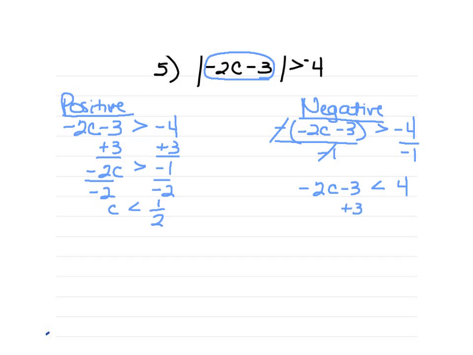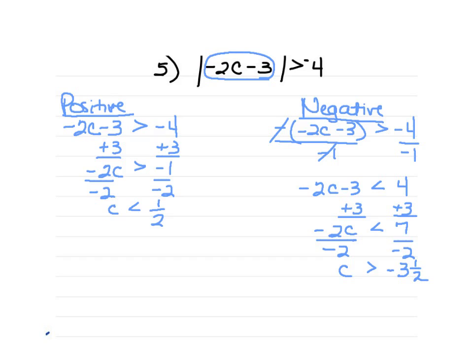We'll add 3 on both sides. Negative 2c is less than 7. Divide by negative 2. Let's recall we're dividing by a negative. We have to flip the inequality. C is everything greater than negative 7/2, or we'll call it negative 3.5.